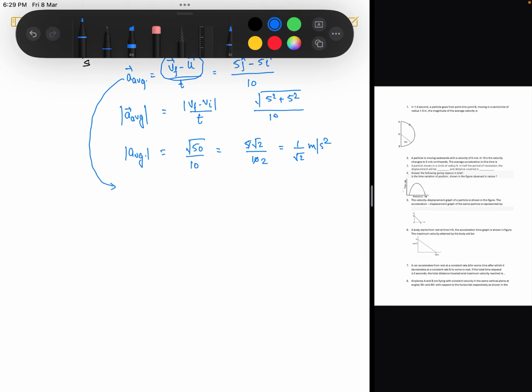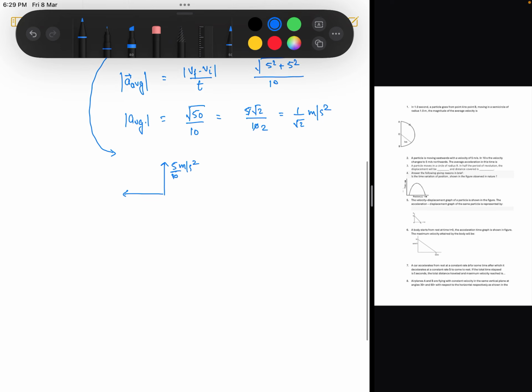The first vector is in the y direction, with magnitude 5 meter per second divided by 10, that is meter per second square. And the second vector is negative v i cap divided by t, that is negative 5 by 10 meter per second square.